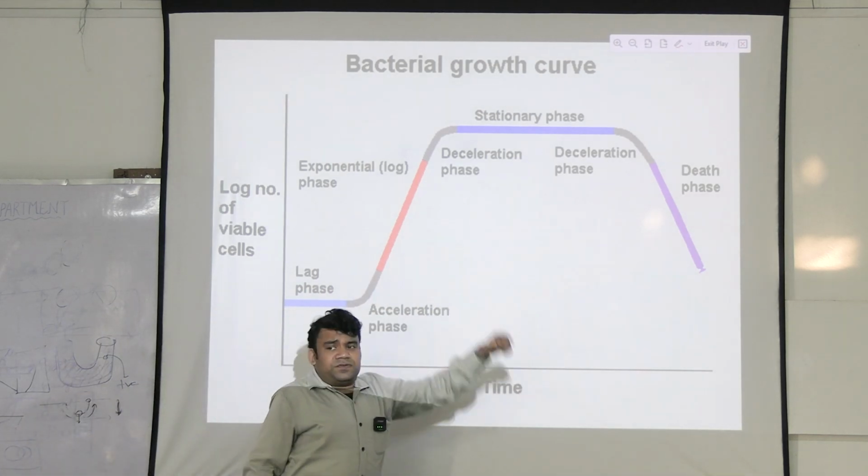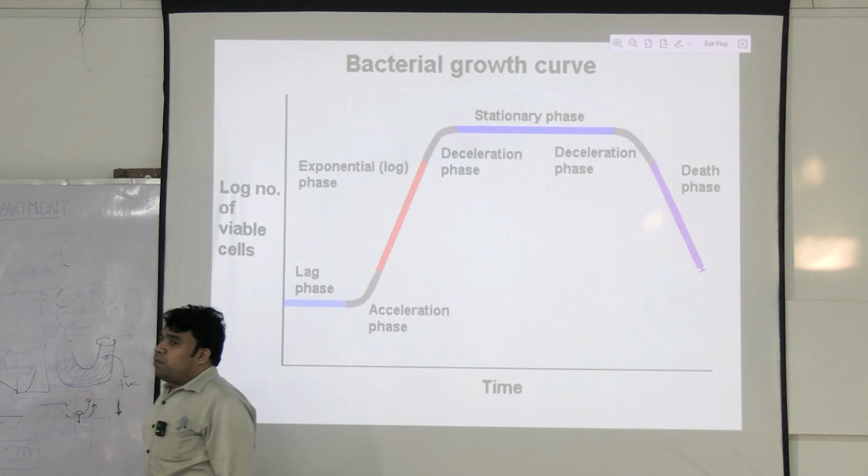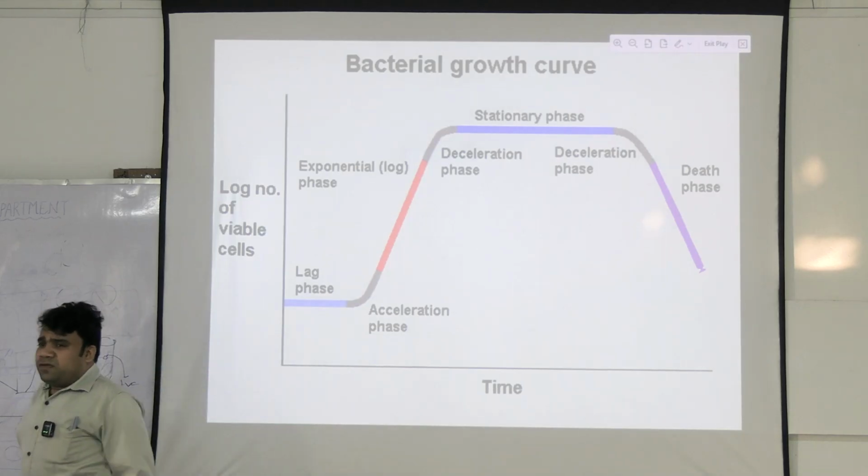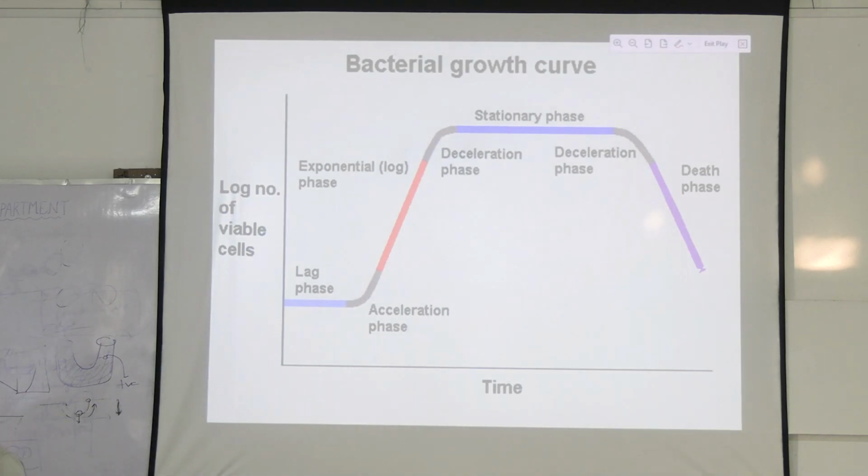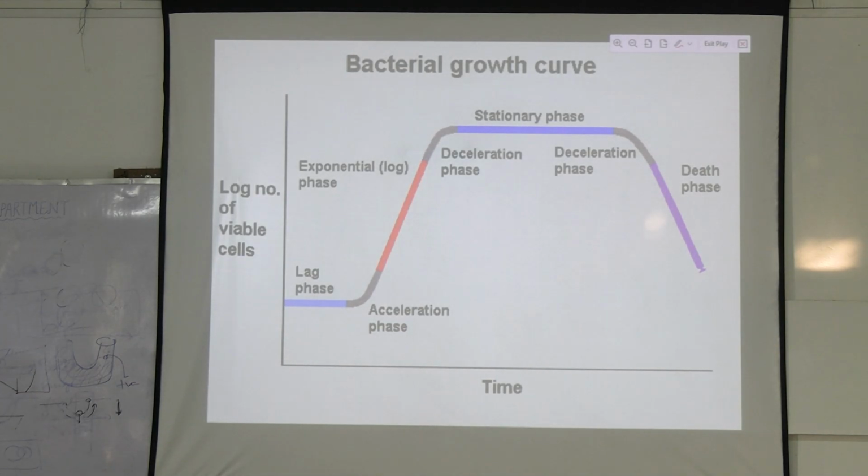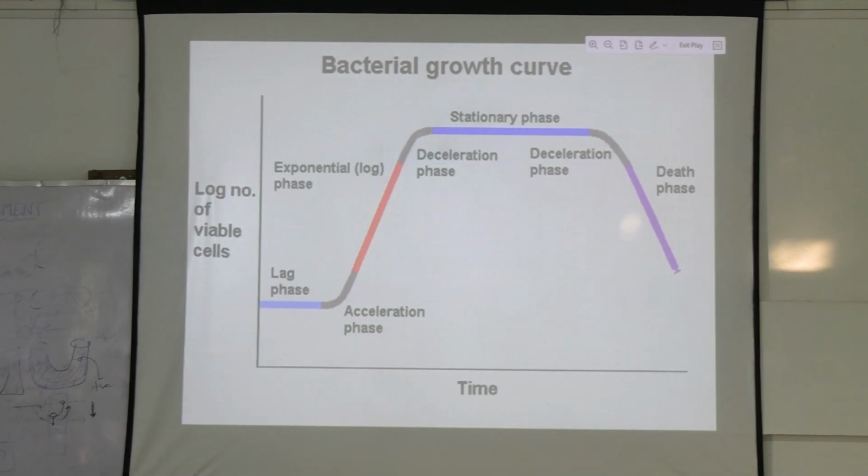This is the stationary phase where the number of viable or living bacteria remains constant. That means new reproducing bacteria and dead bacteria will be almost equal in number. So in the whole culture media, the number of viable bacteria will remain constant.